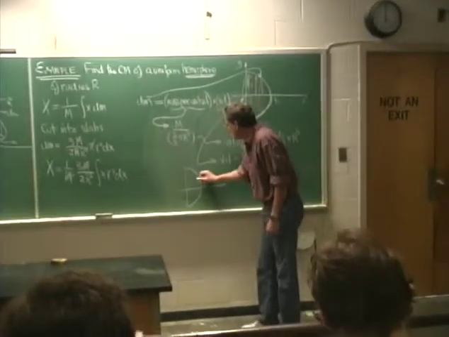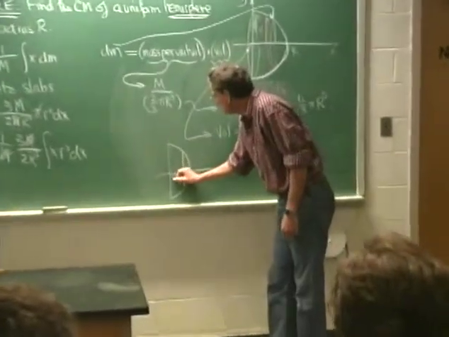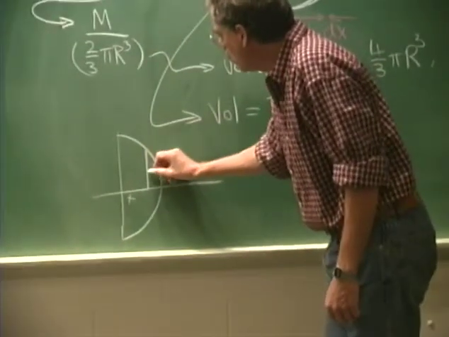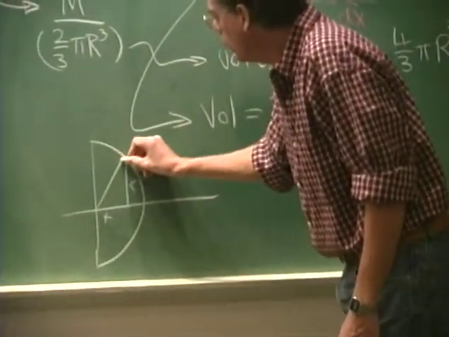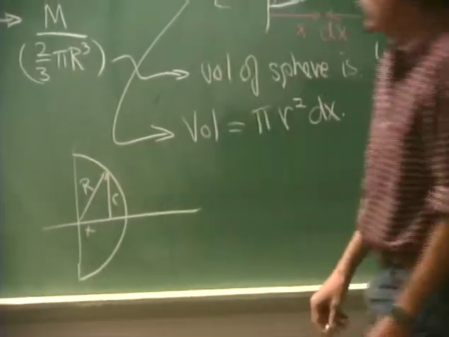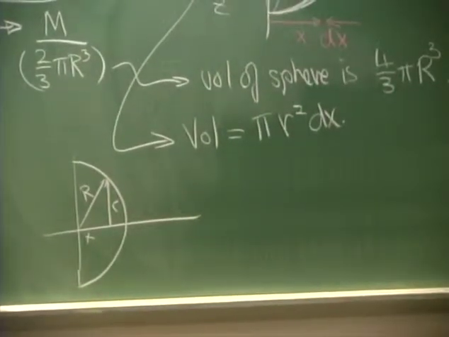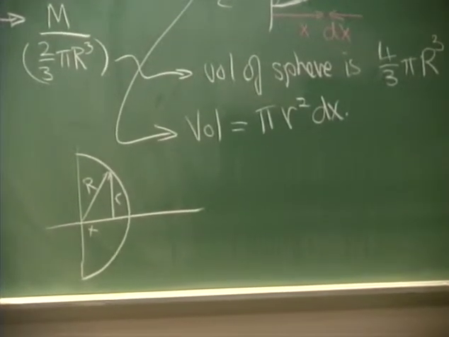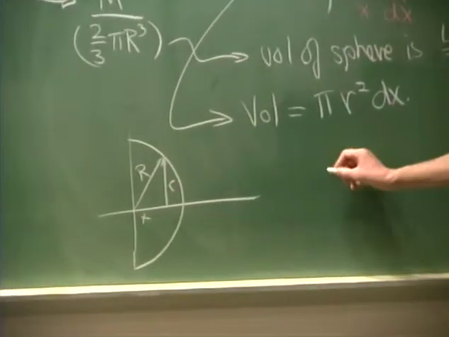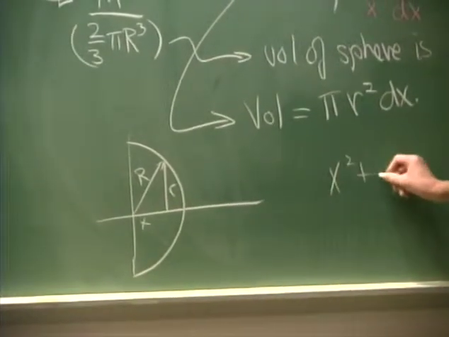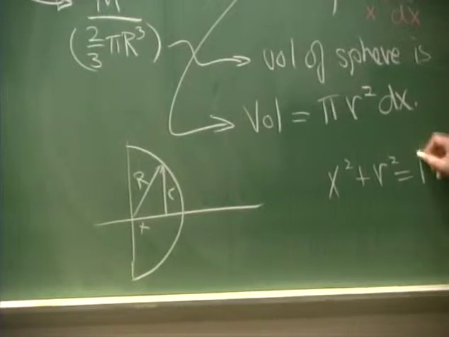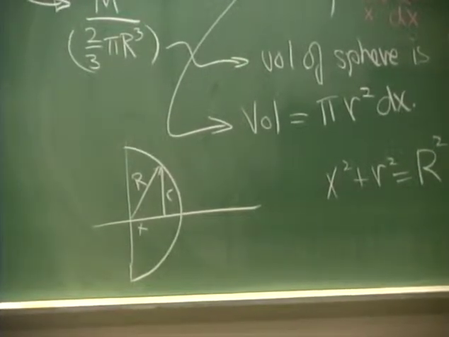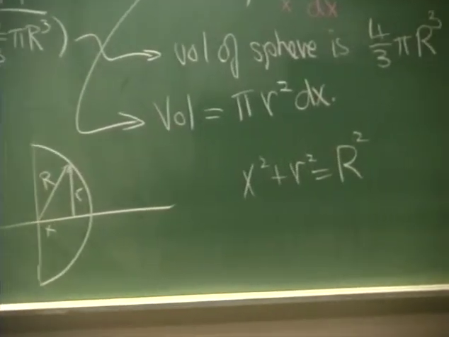Here is x. And here is r. And of course the radius of the sphere is capital R. So what's the connection between little r and x? From the Pythagorean theorem, x squared plus r squared is equal to capital R squared, the radius of the whole sphere. Does that make sense?